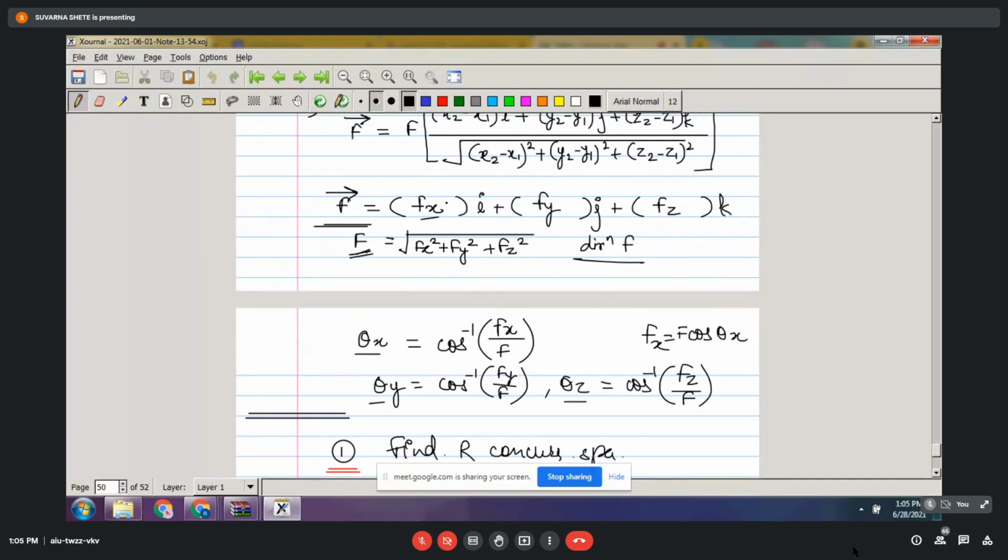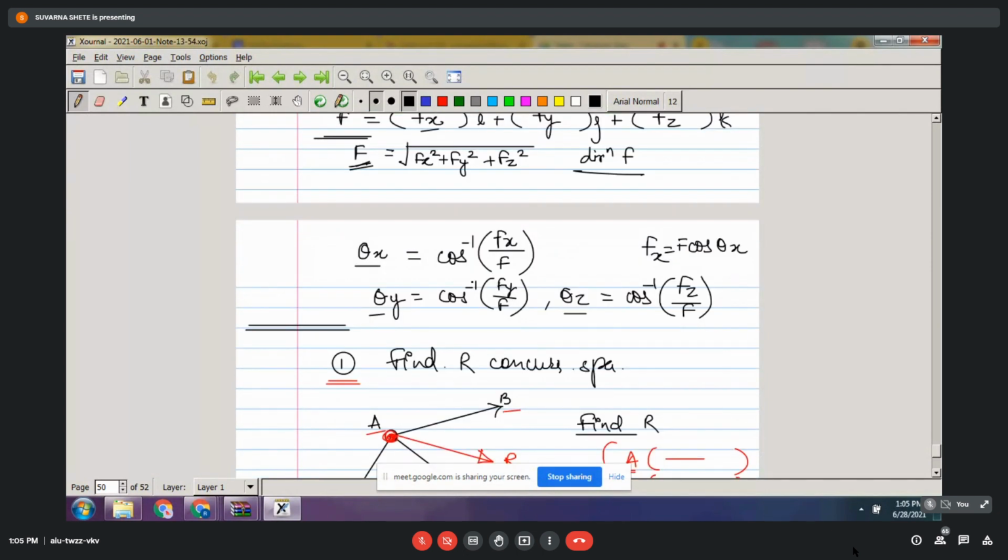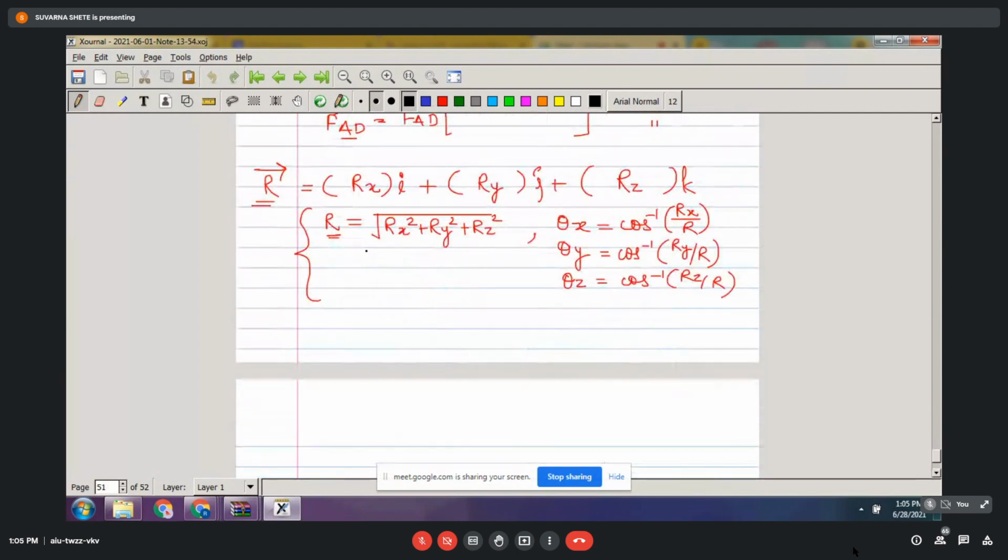So you can find the direction of your resultant, which will be theta x equals cos inverse of Rx by R. R is the magnitude of your resultant, which you can find as per our regular practice: under root of summation Fx square plus Fy square.